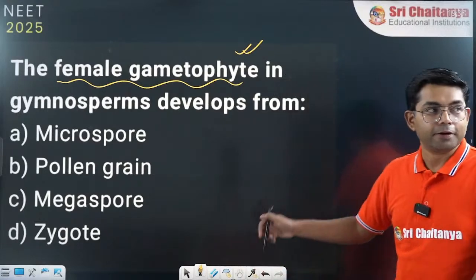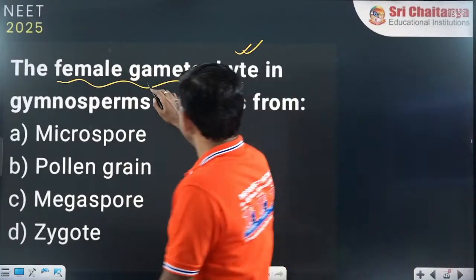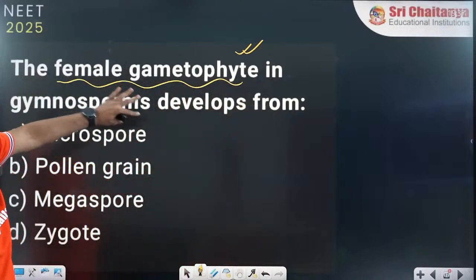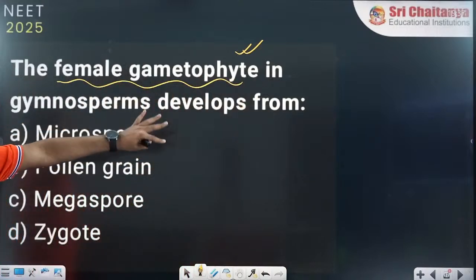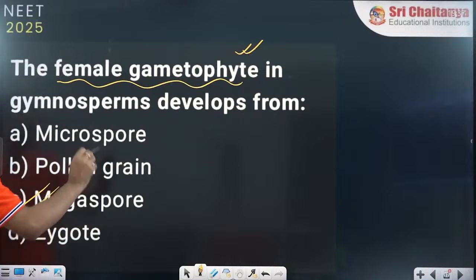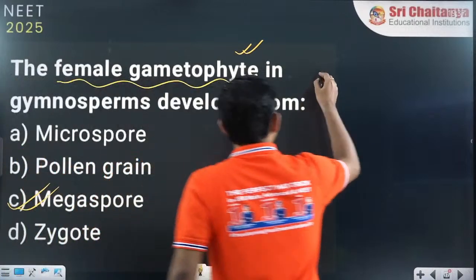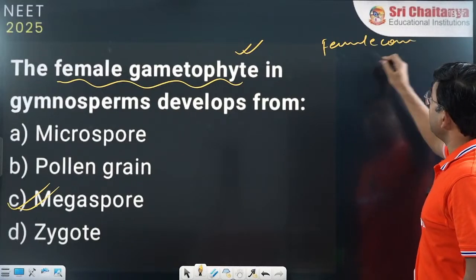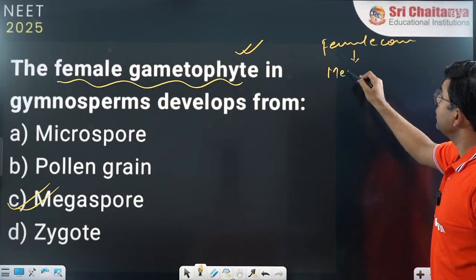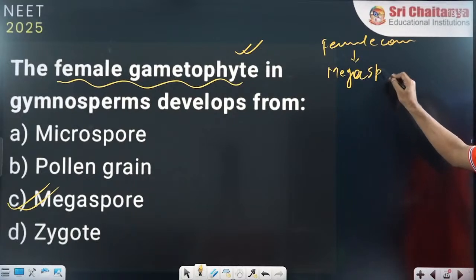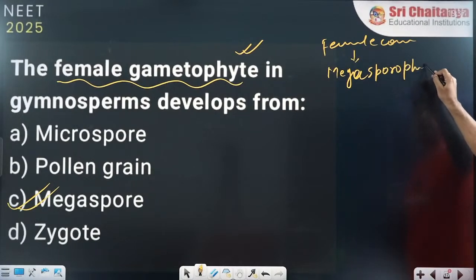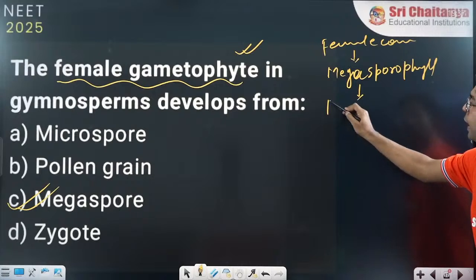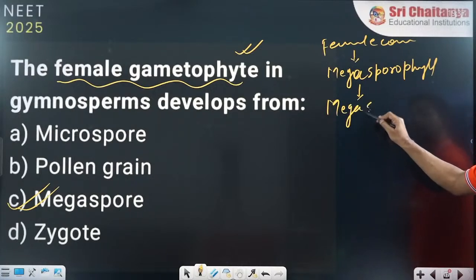Okay, so let's see here. The female gametophyte in gymnosperm develops from. So here C is the right answer. I will quickly tell you. See, the female cone will have megasporophyll, which will have megasporangia.